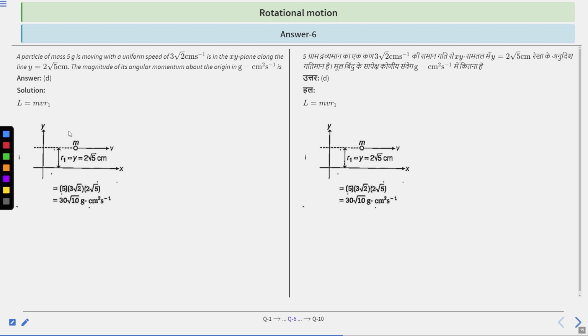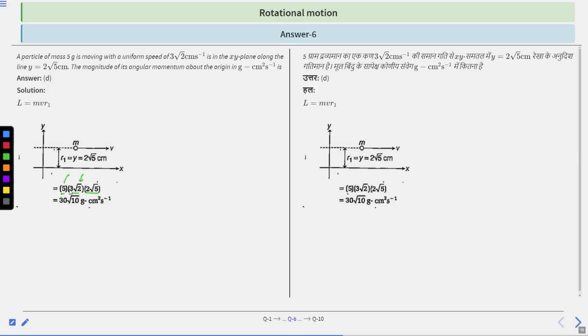Clear? So we know y equal to 2 root 5 centimeter. So the magnitude of its angular momentum is mass into velocity into r perpendicular. This is mass 5 gram, this is the uniform speed 3 root 2 centimeters per second, and 2 root 5 is r perpendicular.